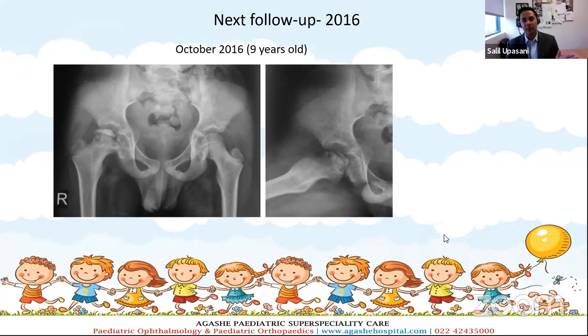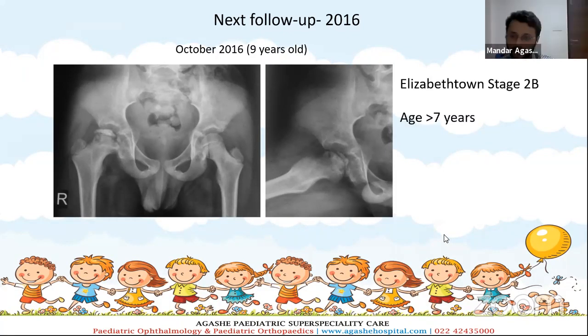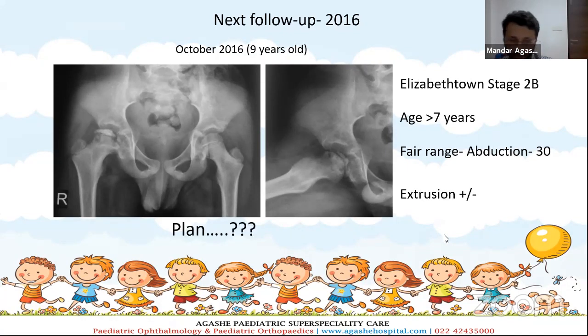So I would do medial adductor lengthenings, medial capsulotomy, Petrie cast for 6 weeks, and then depending on what the arthrogram shows, but most likely a triple in this case. Perfect. All right. So as we said, it's about 2A, 2B, age again more than 7. Fair range, abduction is restricted, and it is just about starting to extrude.